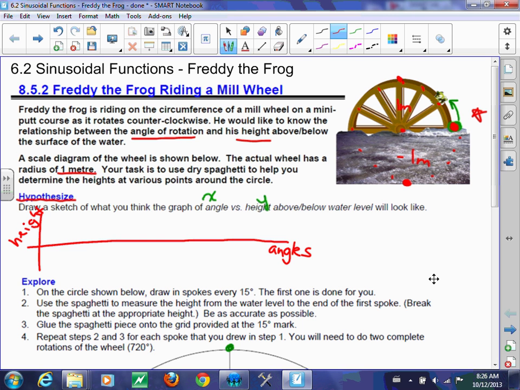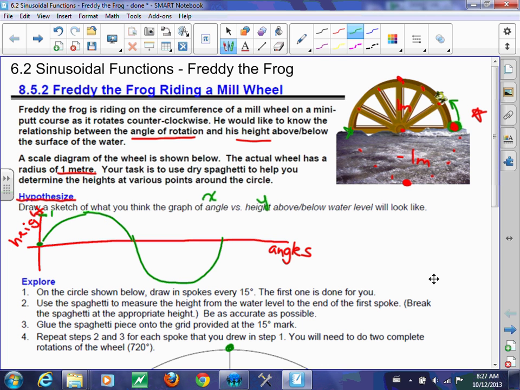What do we know? We know that Freddy starts at water level, okay, and Freddy is going in a counterclockwise motion, so he's going up in the air to a maximum of 1 meter, then he's going to come back down to the axis, which is right here, and then he's going to start to go down below the water, and he's going to come back up.